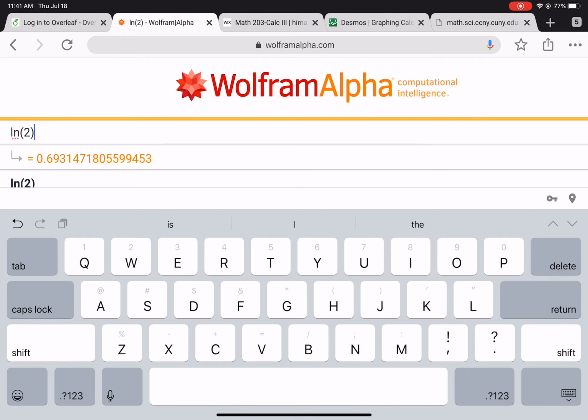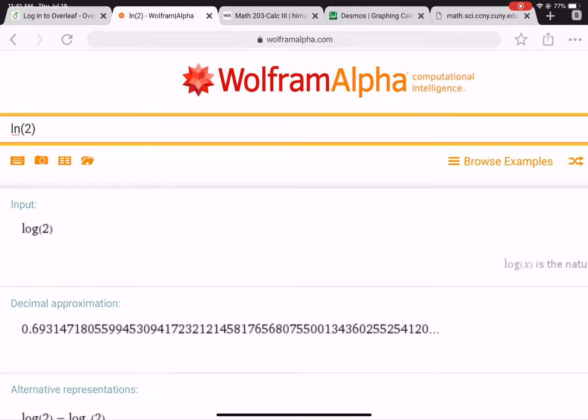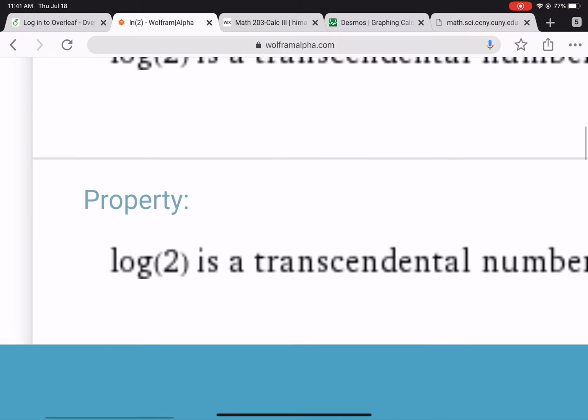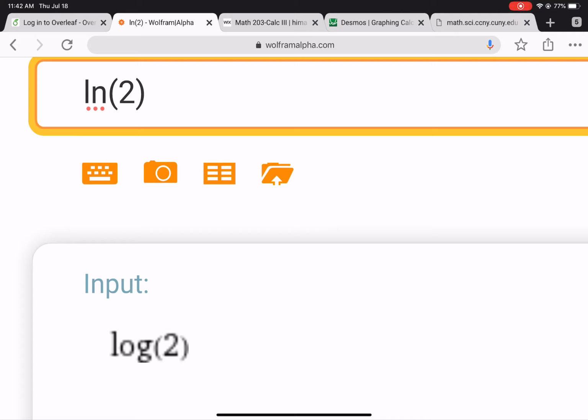But if you enter this and read what Wolfram Alpha writes, what does Wolfram Alpha change it to? Log 2. You didn't write log 2, you wrote ln of 2. It's saying, hey, this is just a log function, just evaluate it at 2. But it tells you this little warning on the right side.